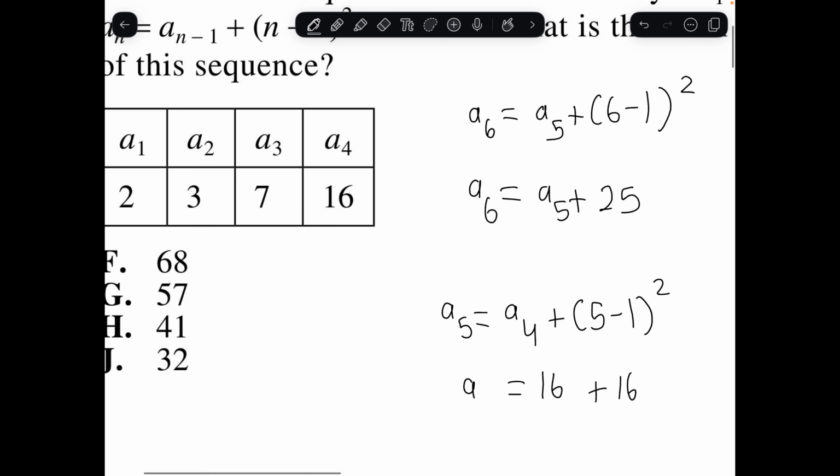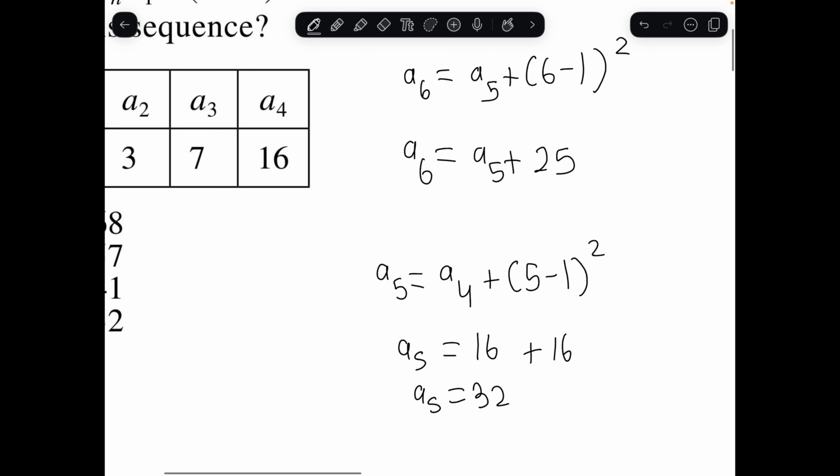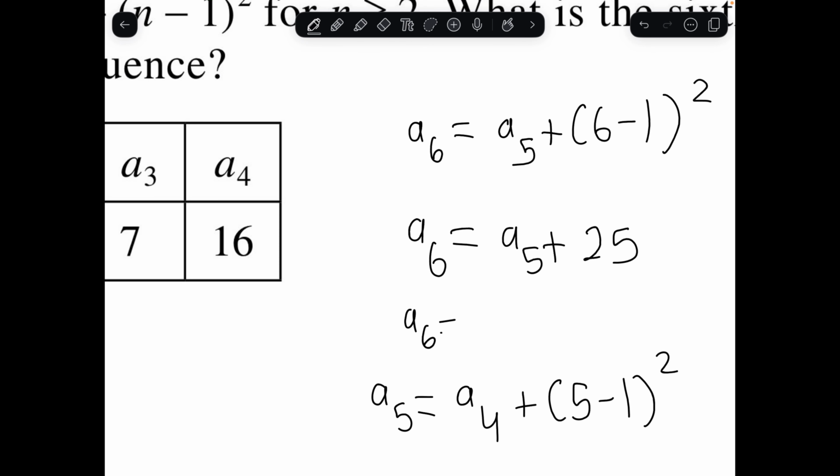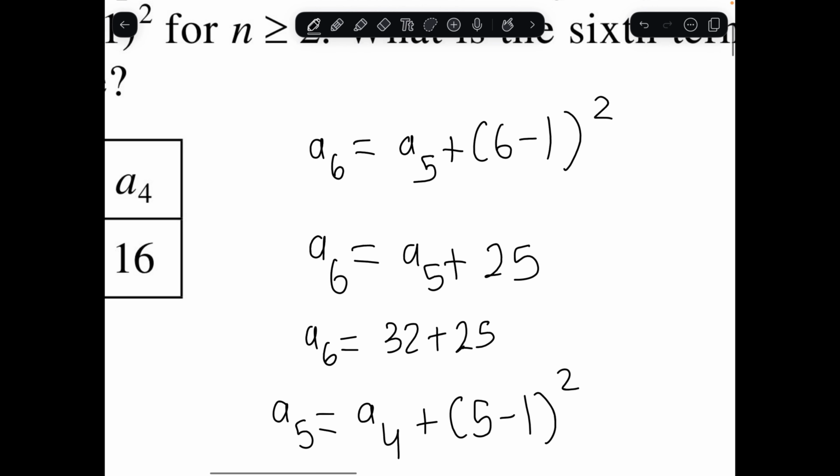So you have a5 equals 32. We can plug 32 in for a5 up here, and we get a6 equals 32 plus 25. So a6 equals 57, which matches answer choice G.